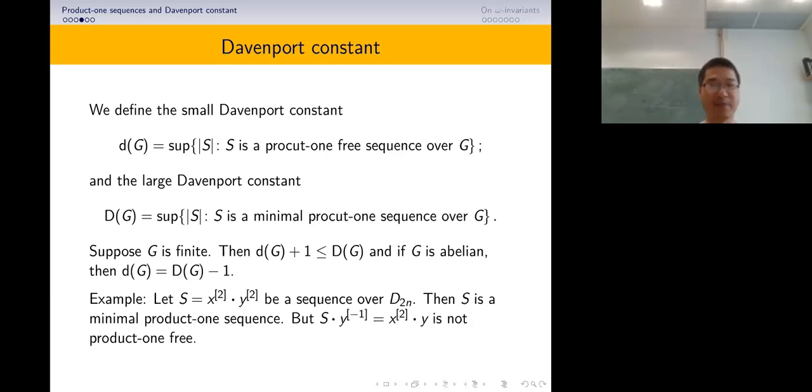We choose S to be such a sequence, where each term X and Y appears twice. So S is a minimal product-1 sequence, but if we take the term Y out, the remaining sequence is not a product-1 free sequence. Since X to the power 2 is 1, this sequence is a product-1 sequence, and it's a product-1 subsequence of the remaining sequence.